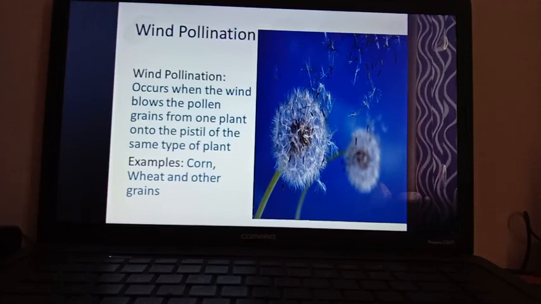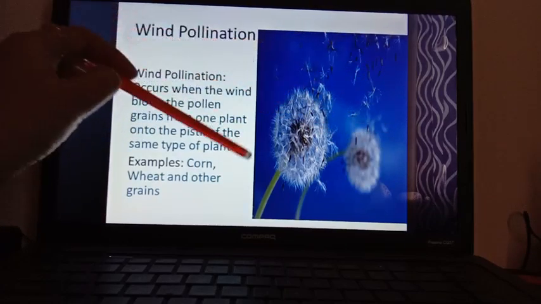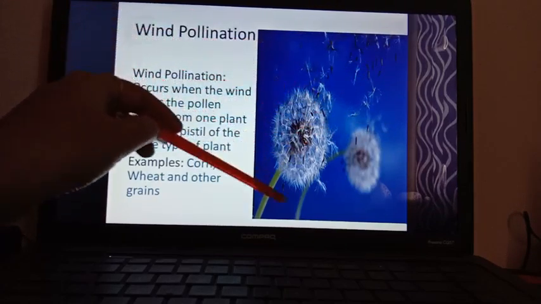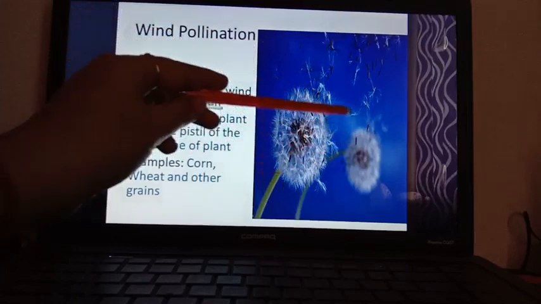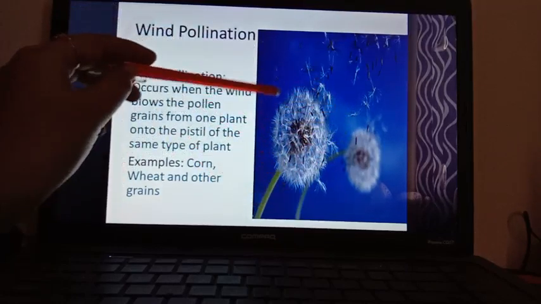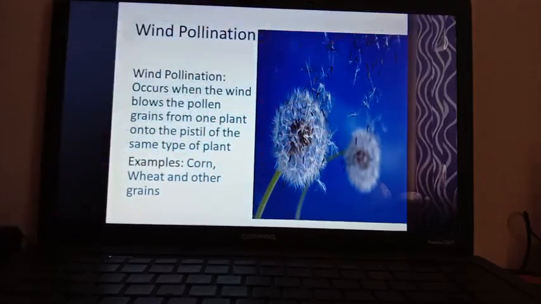The examples of anemophilous flowers are corn, wheat, and other grains. Here in the diagram you can see how the pollen grains are traveling through the wind.